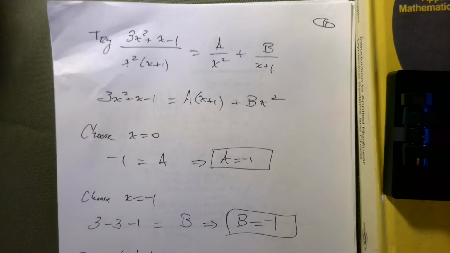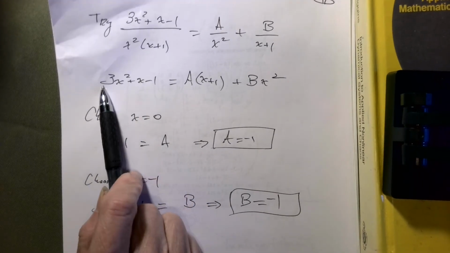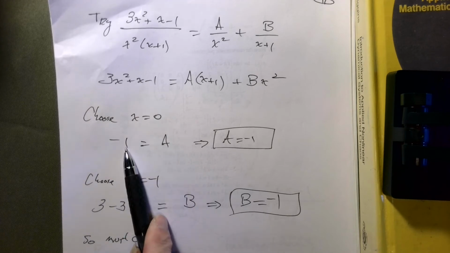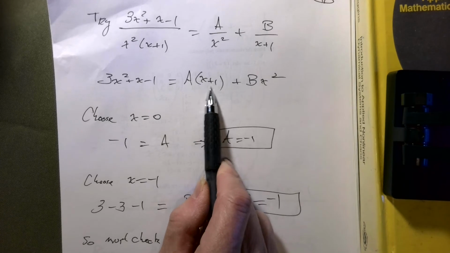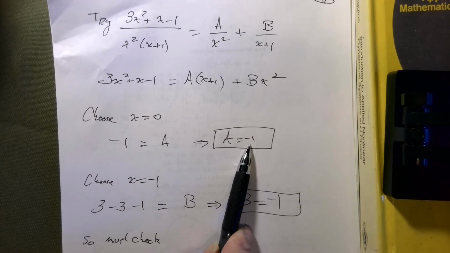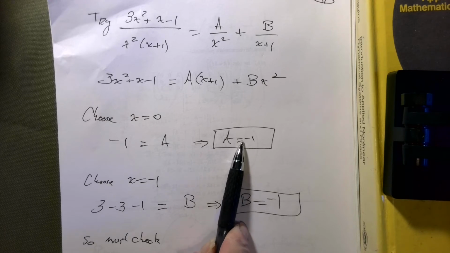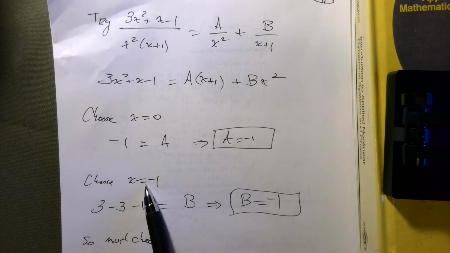So if I choose x to be 0, this is gone, we're left with a negative 1. This is gone, and this is just 0 plus 1, which is a. So then supposedly my a should be a negative 1. And then in order to turn off this term, I'm going to choose x to be a negative 1.